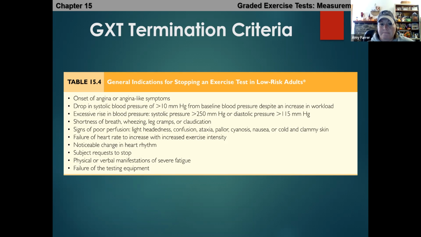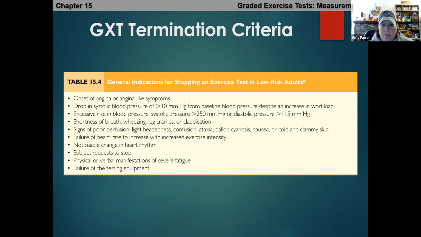If they appear to be confused or nauseous or lightheaded, they're clearly not getting oxygen to their brain. Stop the test. If we keep working harder and harder and their heart rate is failing to change, stop the test. If you have them up on an ECG and you start to see their heart rhythms going all over the place, stop the test. If they say, "I need to stop," if they look terrible, stop the test. If your treadmill is making all sorts of noises and the belt is skipping and it is failing, stop the test.